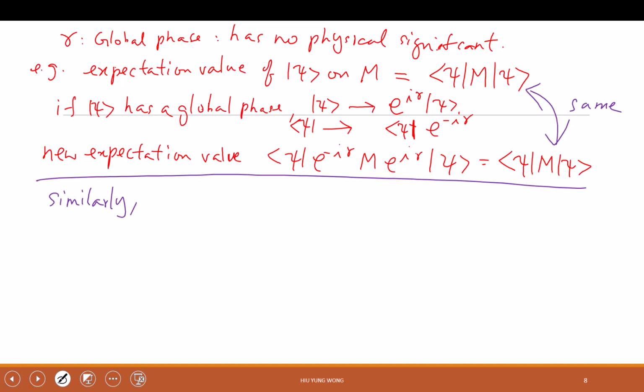Does inner product depend on the global phase? Again, it doesn't, because inner product is nothing but just removing m, right? Although you might have different phases, the length doesn't depend on the global phase.